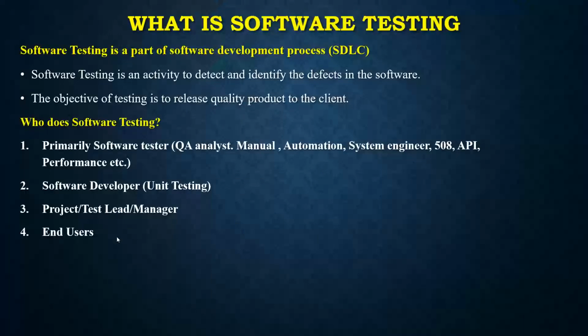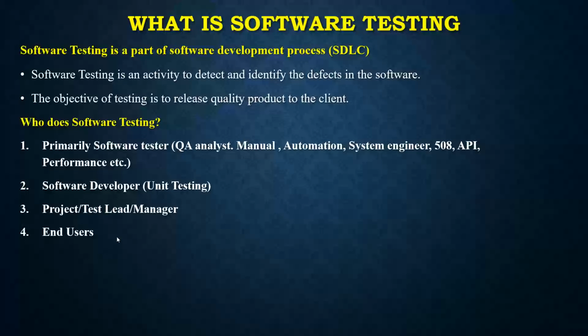So now in this slide, we will discuss what is software testing. We already learned what is software, what are the different types of software, and their importance. Now we will learn what is software testing. From this slide, we start our manual testing training.